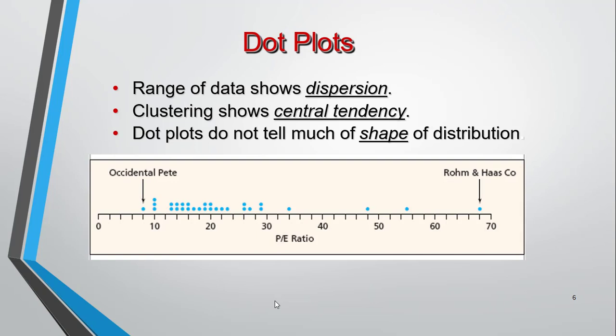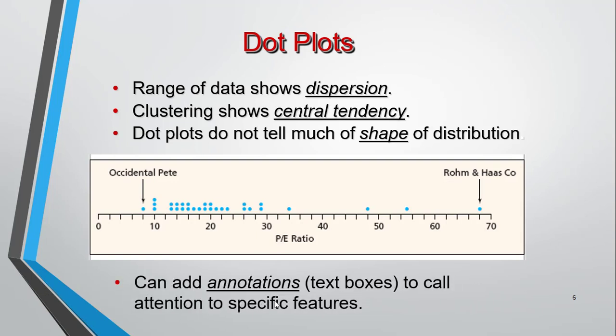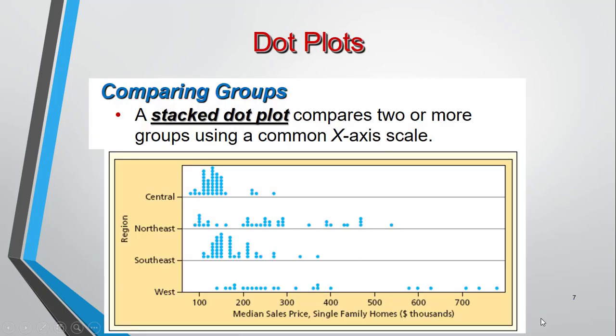Right? We have other ways to show the shapes. Okay? And you can add annotations, text boxes, to call attention to specific features, such as this one here corresponds to Occidental Petroleum, which has a very low P/E ratio, whereas Rowan has a high P/E ratio.